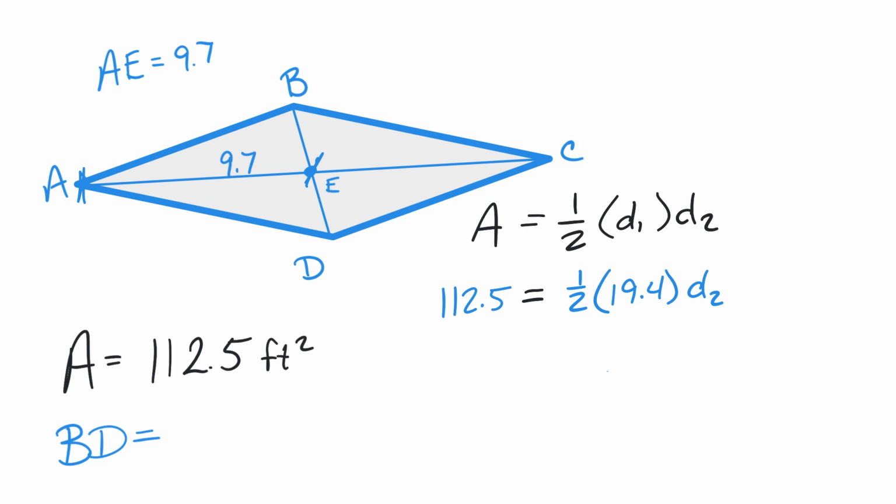So the way we would solve this is we would just do our math that you see right here. Well, half of 19.4 is 9.7 because we just did that math to move it up. We would then divide by 9.7.